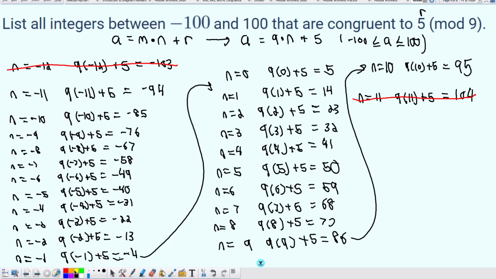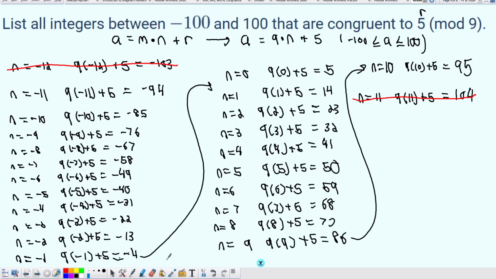And that is it. All the integers that are congruent to 5 mod 9 are listed right there, because we made sure that each of them had that remainder of 5, or that residue of 5.